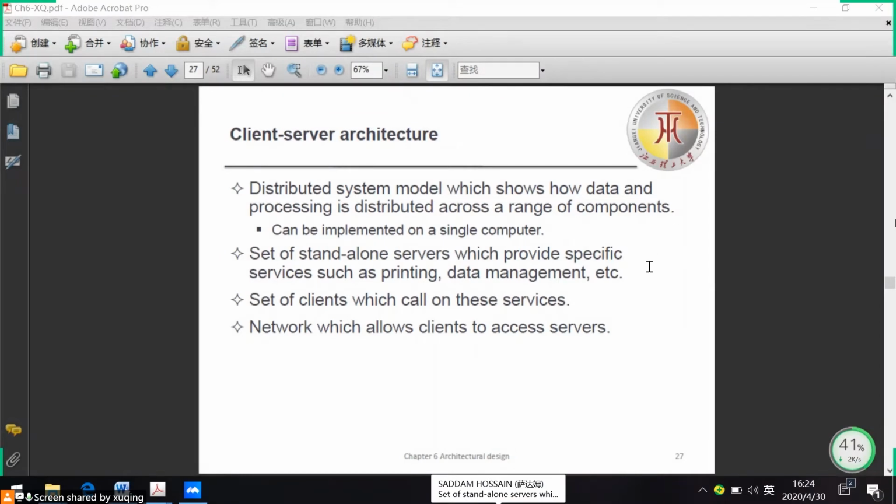Saddam: Set of standalone servers which provide specific services such as printing, data management, etc. Set of clients which call on the services, and the network which allows clients to access servers. Yeah, thank you very much, Saddam. Exactly. You see here, the definition provided by Saji also includes some ideas about it.